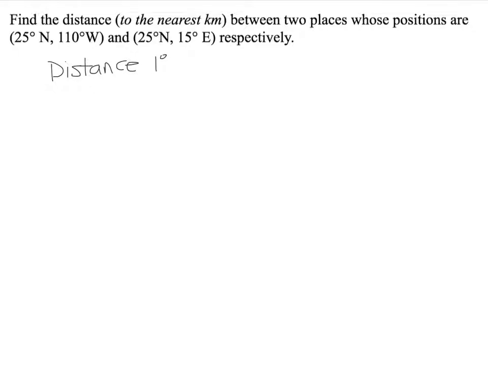Distance for 1 degree is going to equal 111.2 multiplied by the cosine of theta.